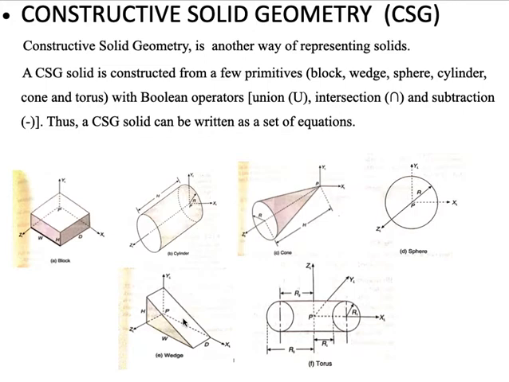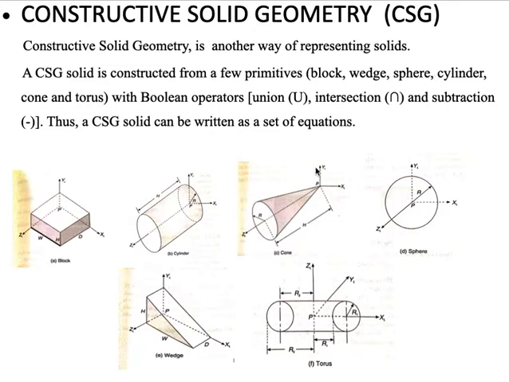And one other thing is constructive solid geometry. In constructive solid geometry, or you can say CSG, is another way to represent solids.